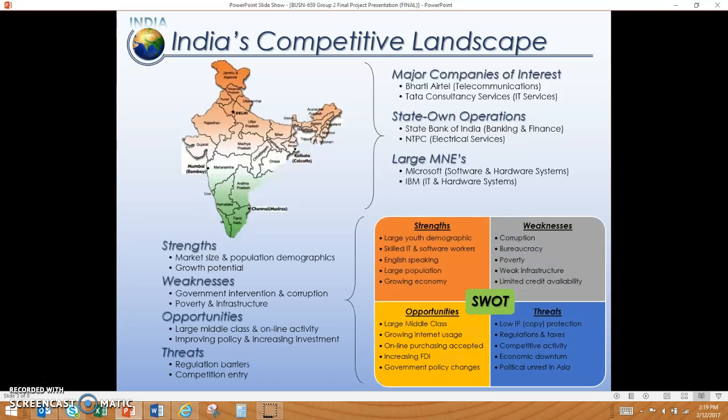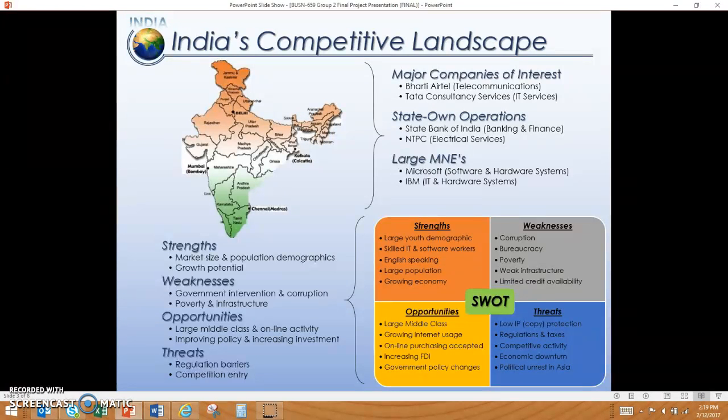SWOT analysis. SWOT, an analysis tool named from the acronym of Strengths, Weaknesses, Opportunities, and Threats, was applied to the Indian market. Clear strengths include the vast size of India's market and the desirable characteristics of a youthful demographic. Major weaknesses are Indian government intervention in business and rampant corruption.